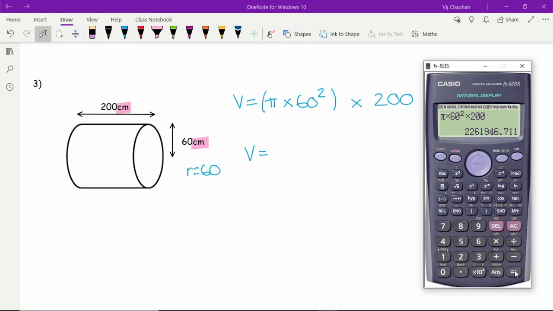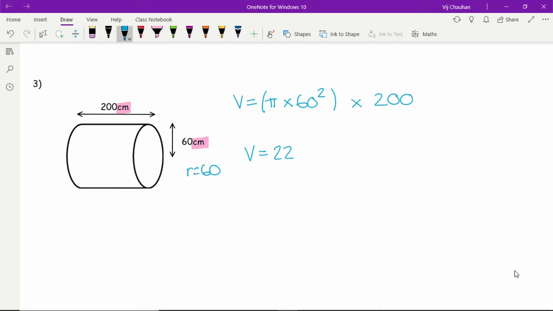This would be a question where you're not asked to give the answer in terms of pi, but if you were, I'll show you what we need to do. Let's copy down that answer. It was 2261946.711 centimetre cubed, which if we round this up will be 2261946.7 centimetre cubed to 1 decimal place.